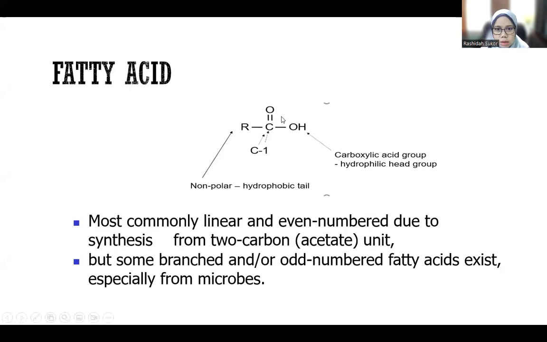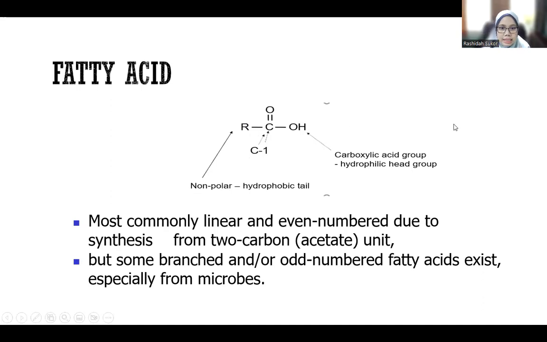This one is the same. We have a carboxylic acid end, but in fact we don't call it a terminal, we call it a group. Carboxylic acid group, and we have the R group. Because of the OH, the carboxylic acid gives you the head. In a membrane, the head sits on the outside. If the membrane is a double layer, the head is the hydrophilic part, and the tail is the hydrophobic part because of the R group.